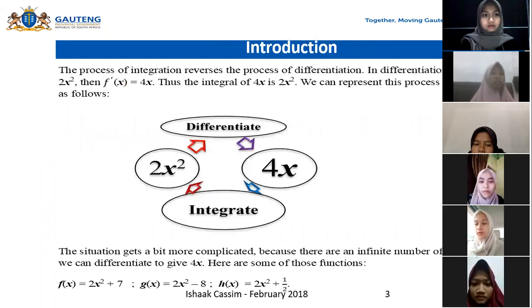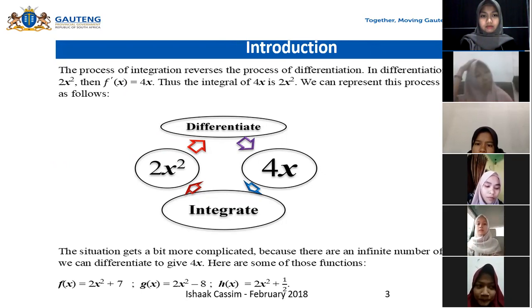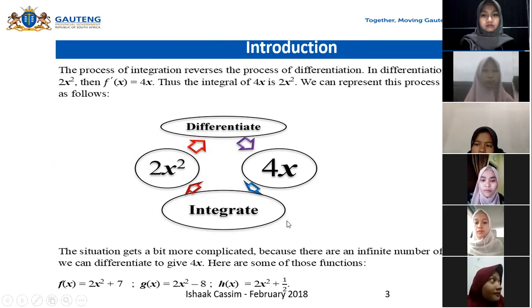So, introduction: the process of integration refers to the reverse process of differentiation. In differentiation, if the function f(x) equals 2 multiplied by x squared, then f prime of x equals 4x. Thus, the integral of 4x is 2x squared. We can represent this process pictorially as follows.